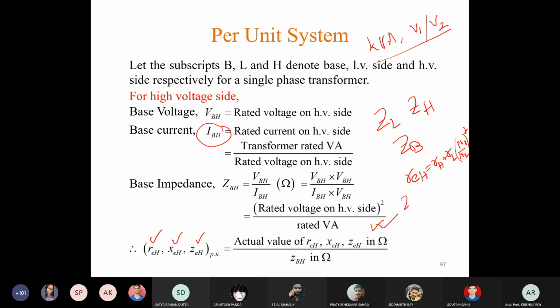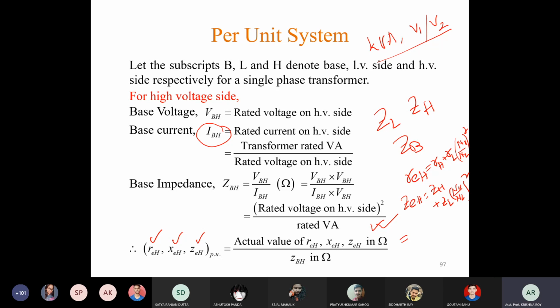ZEH can be calculated using the formula ZH plus ZL into (NH by NL) whole square, or it can also be calculated using this equation.